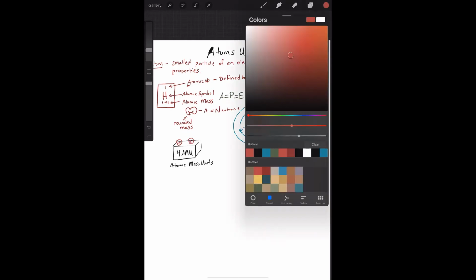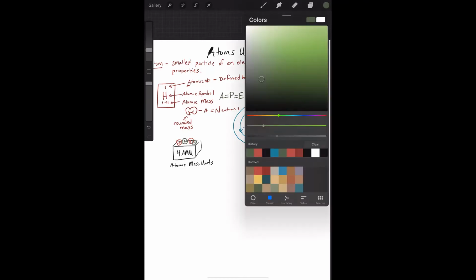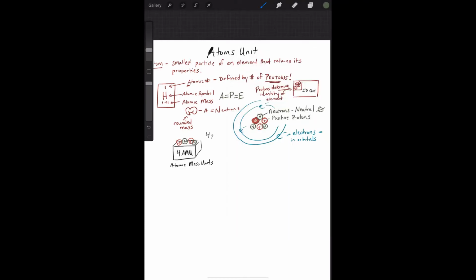I would have 2 protons plus 2 neutrons to give us 4 AMU. That's where our mass comes from, and that's why it has to be rounded when we use it, because we can't have part of a neutron or a proton.